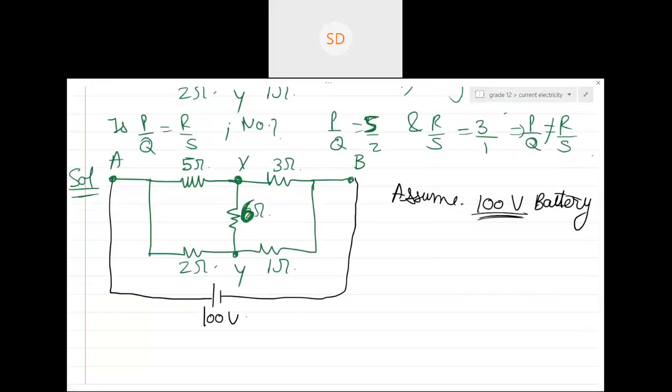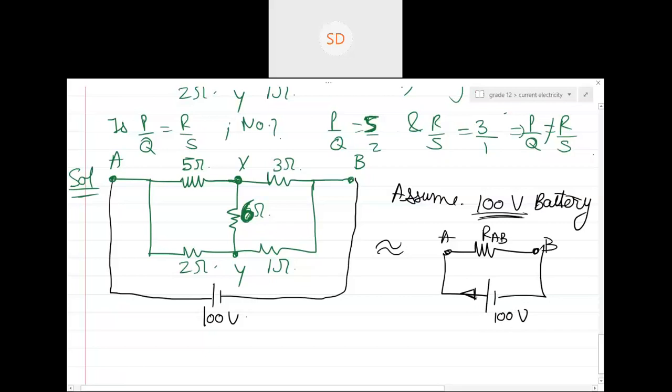We already did one question based on this. Guru, don't worry, I'll ask you. Let me just tell you this thing. Basically, if you connect across points A and B the net resistance of RAB, it will have the same current which is flowing in the circuit.